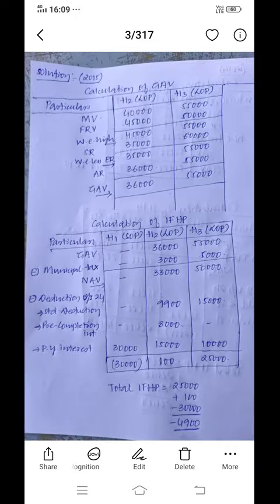That is minus 4,900. So there is a loss from house property for Mr. Kiran amounting to rupees 4,900 for assessment year 2015-16.